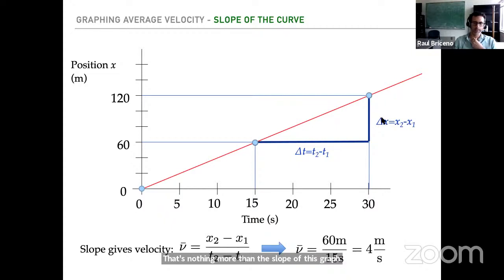The slope is equal to the rise, meaning the difference in height, divided by the run, which is the difference in width. And so in this case, we can graphically envision the slope of this graph telling us about the velocity, and we can just go ahead and calculate it as well.